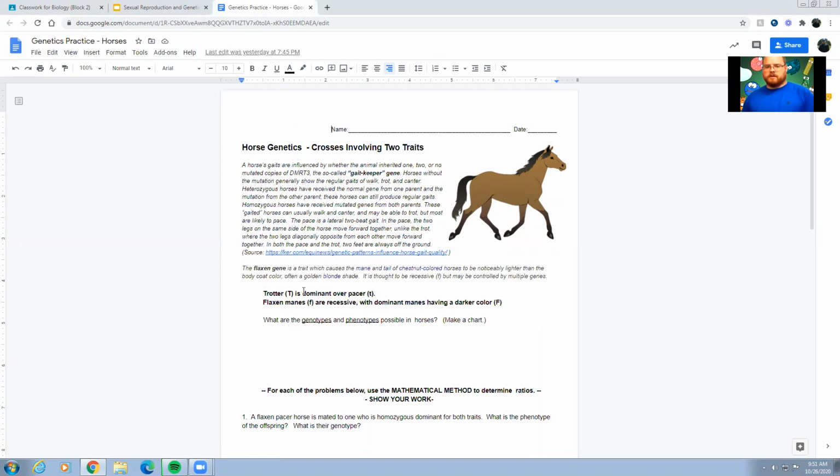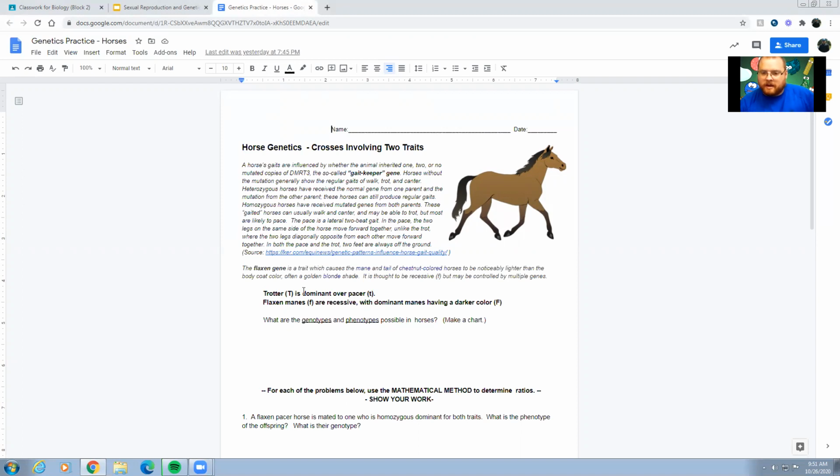Horses without the mutation generally show the regular gaits of walk, trot, and canter. Heterozygous horses have received the normal gene from one parent and the mutation from the other parent. These horses can still produce regular gaits. Homozygous horses have received mutated genes from both parents. These gaited horses can usually walk and canter and may be able to trot, but most are likely to pace.